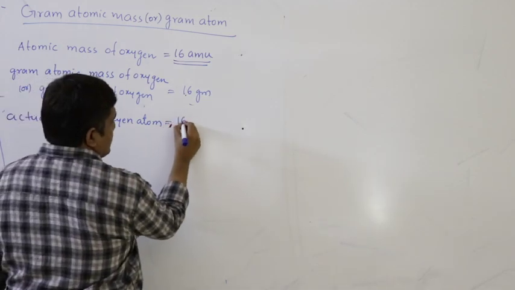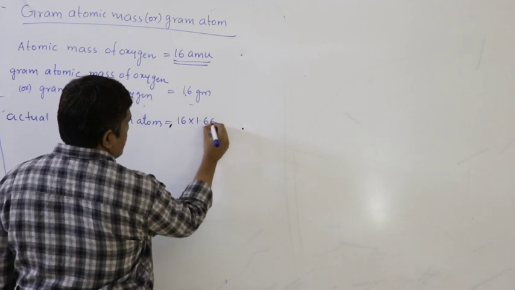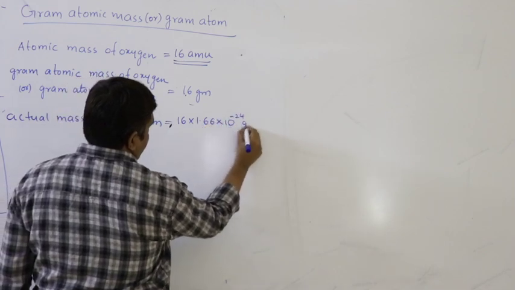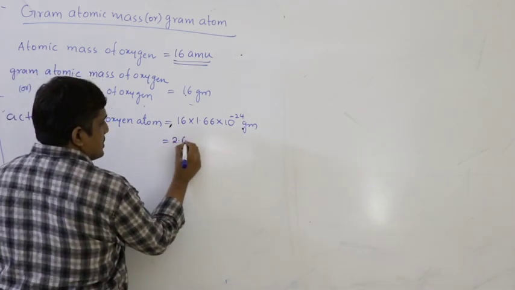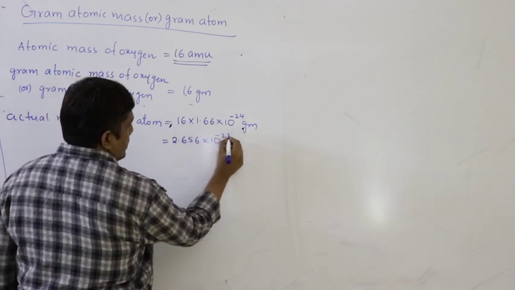This is equal to 16 into 1.66 into 10 power minus 24 grams, which is approximately around 2.656 into 10 power minus 23 grams.